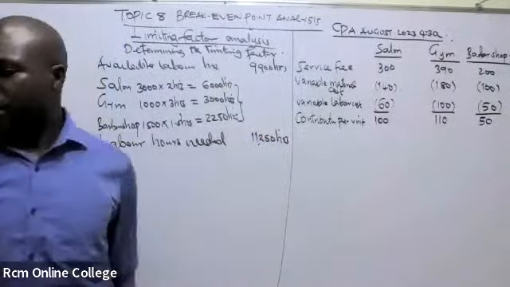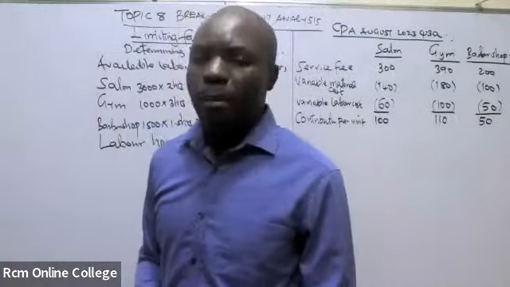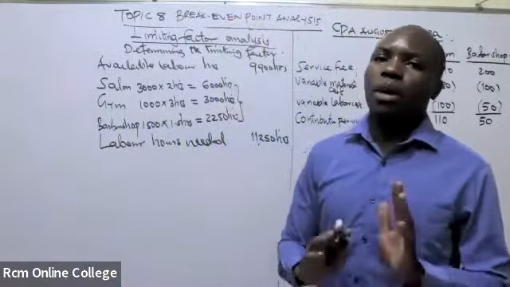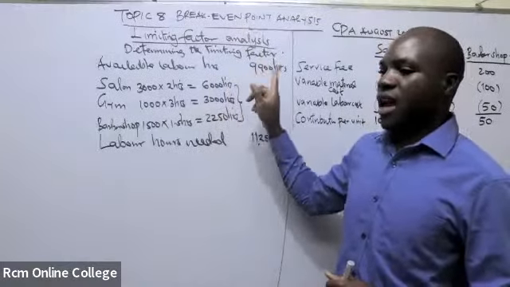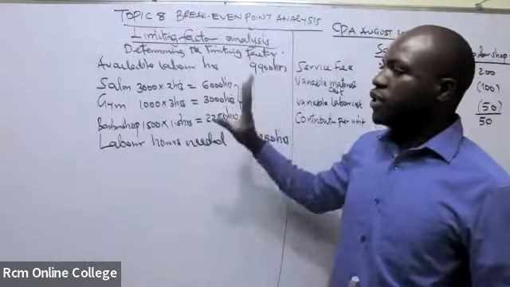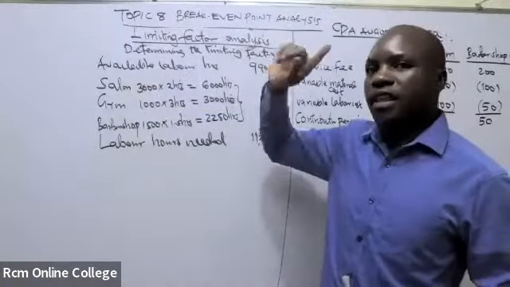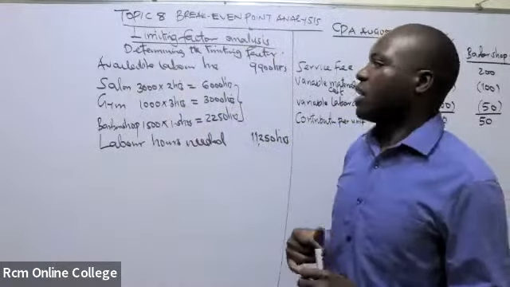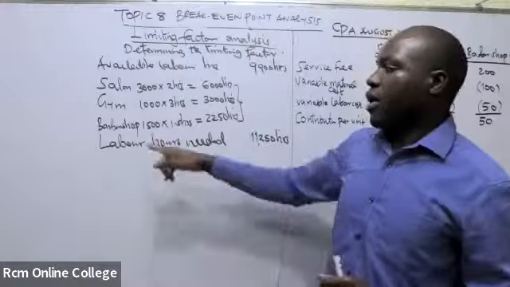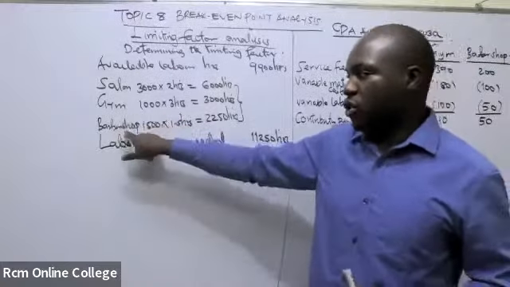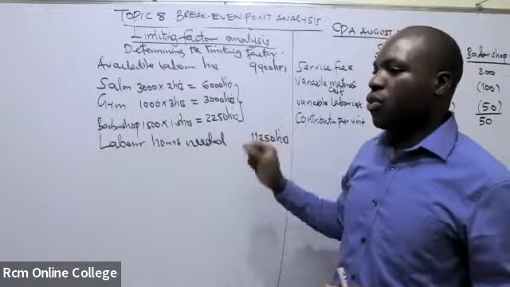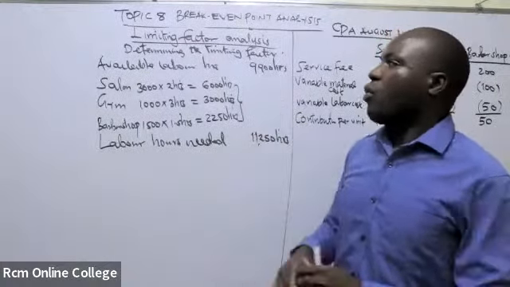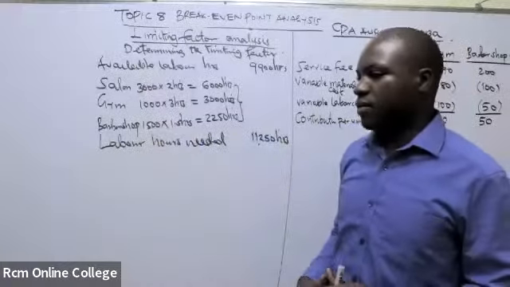The company is only able to pay for a total labor hours of 9,900. What is needed to fulfill this demand of 3,000 clients in the salon, 1,000 clients in the gym, and 1,500 clients in the barber shop is equal to 11,250.